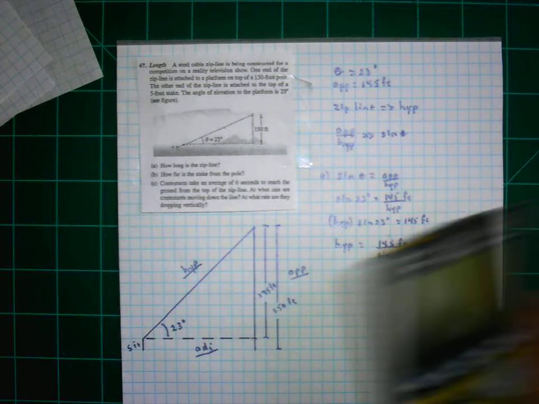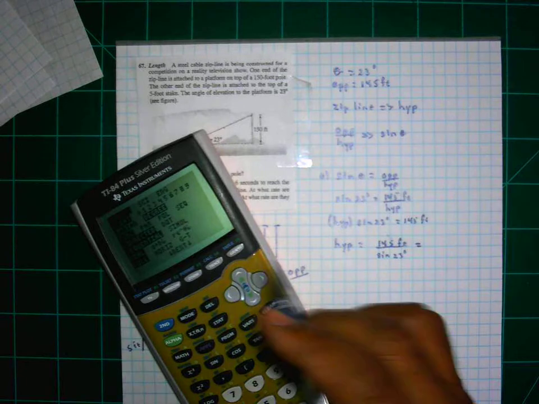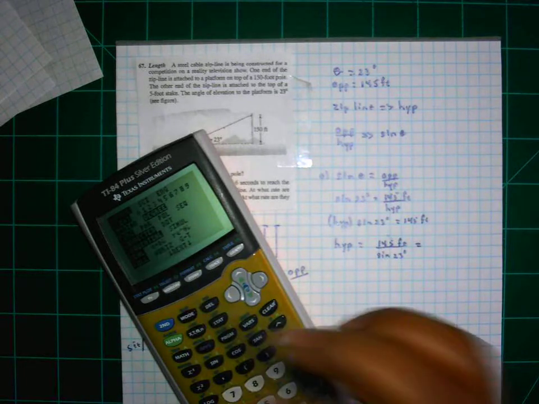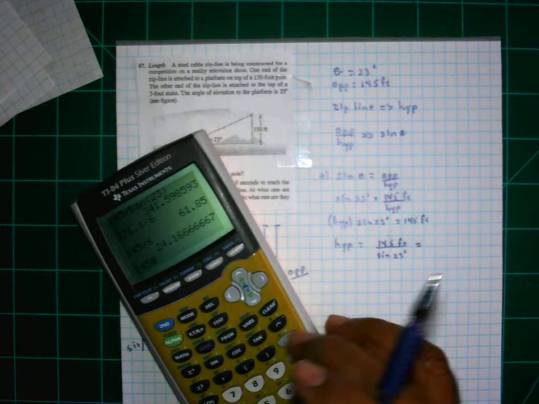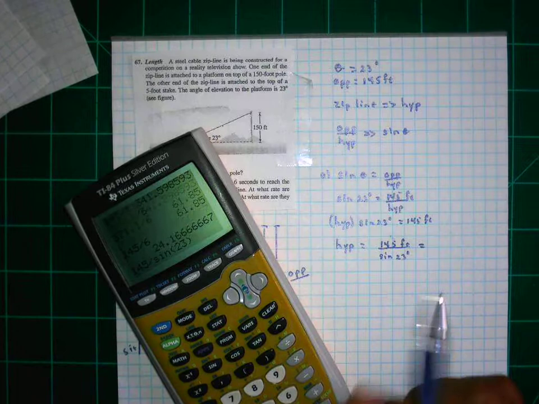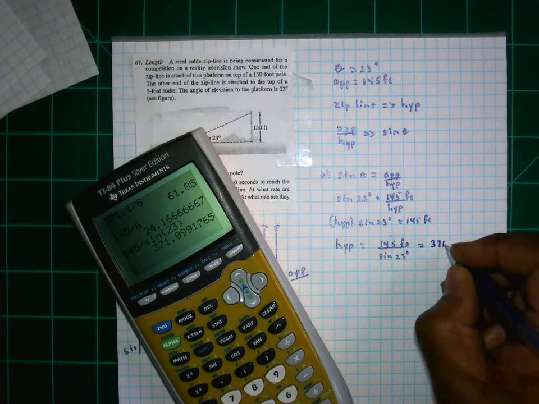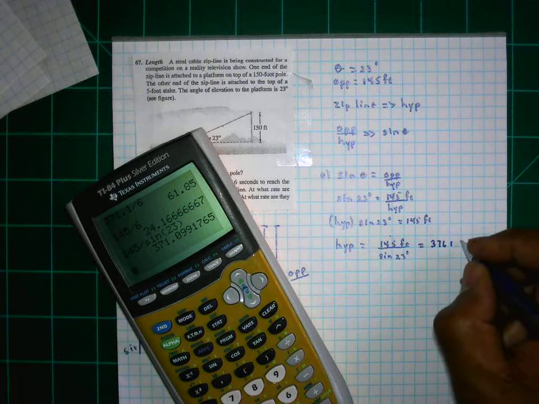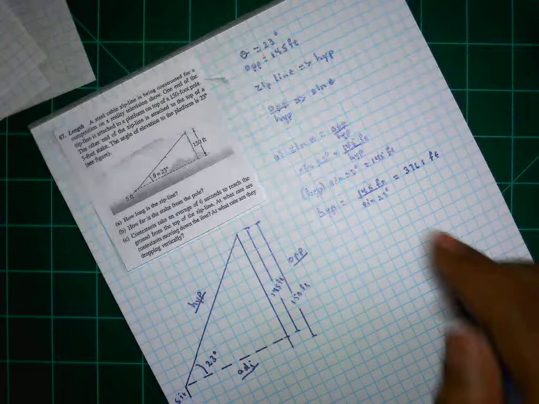And I can work this out with the calculator. Now once again, the calculator has to be in degrees, so I'm going to double check that. And you can see it's in degrees. So 145 divided by the sine of 23 degrees gives me a length of 371.1 feet. So I can answer the question.